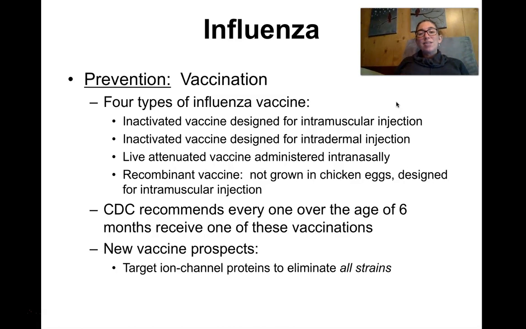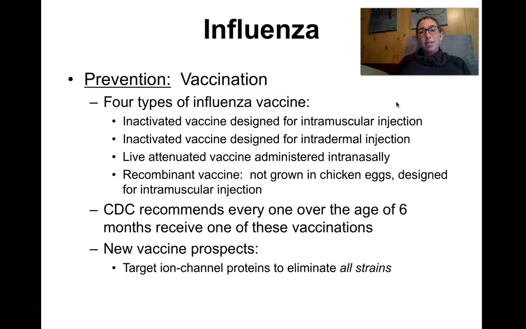And so there is a lot of research right now trying to figure out how to design a universal influenza vaccine, to maybe find an antigen on the surface of flu that doesn't mutate so regularly and that's more constant across all strains of flu. That would be a better antigen to design the flu vaccine for. So there's definitely a lot of research going into that, and hopefully we'll see that in our lifetimes, a much more effective flu vaccine. So it's not a perfect vaccine, but it is the best defense we have.